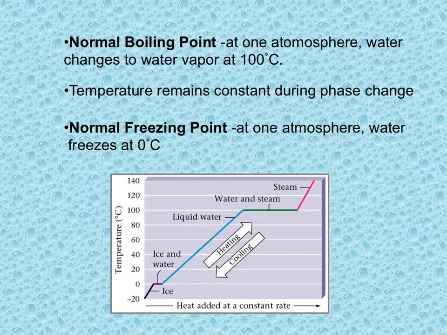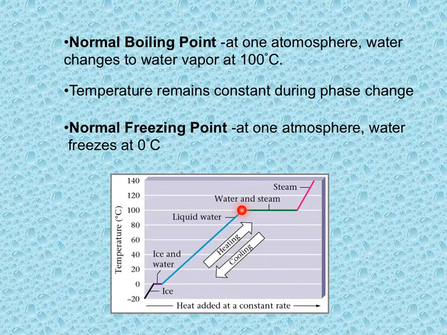Temperature remains constant during phase changes. That's why we see a plateau here where water is freezing if you're removing heat, or ice is melting if you're adding heat. And then again, a phase change is occurring when liquid water is being heated and converted to steam, or if you're removing the heat, steam is being condensed and converted into liquid.